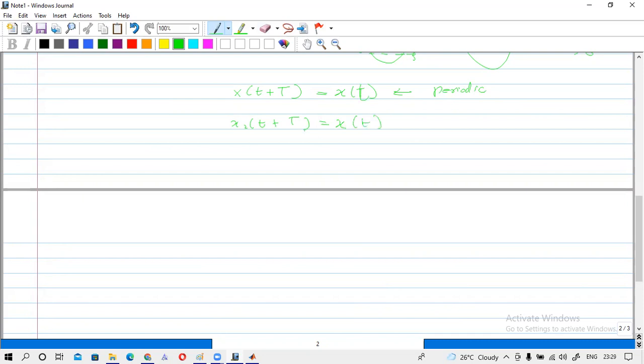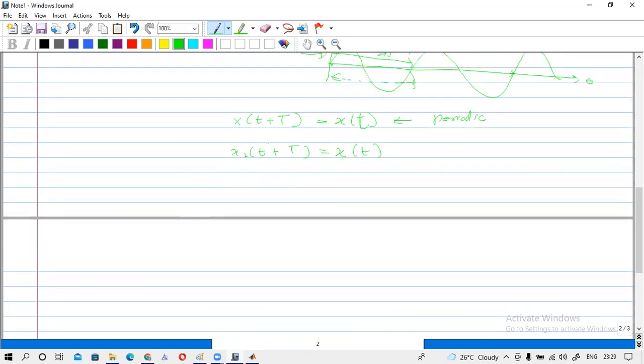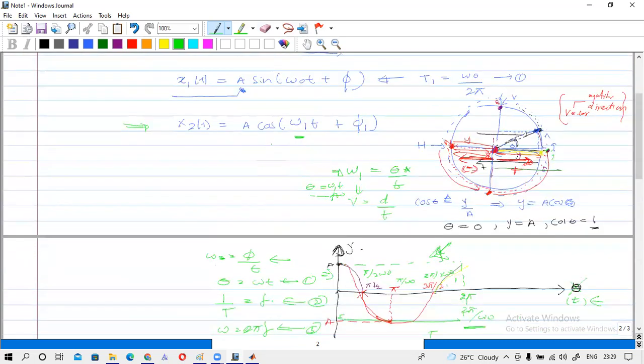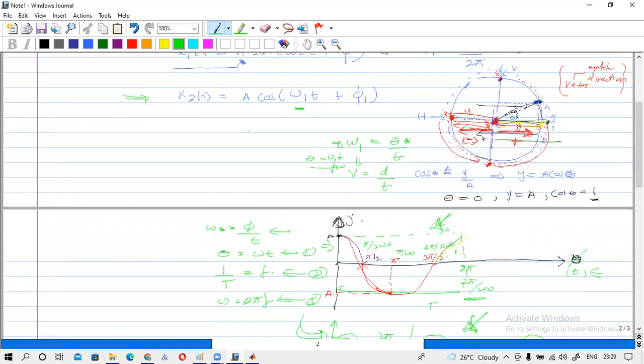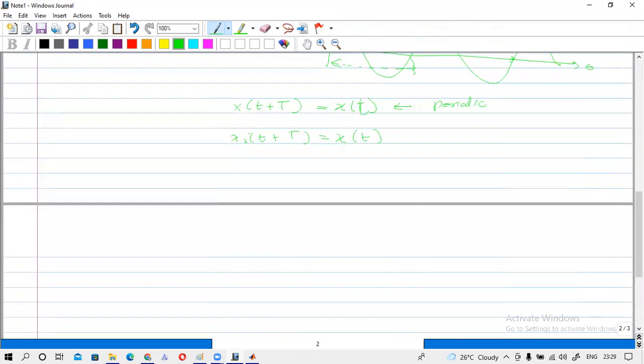If I substitute, the signal x(t) is a cos(omega 1 t plus phi 1).